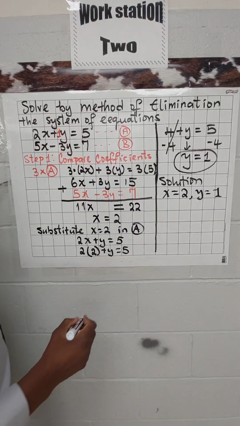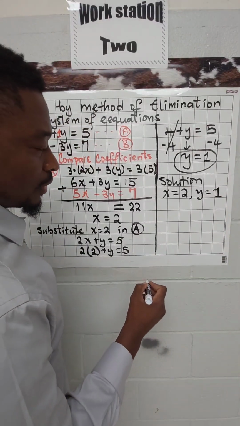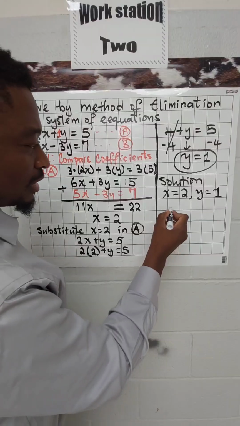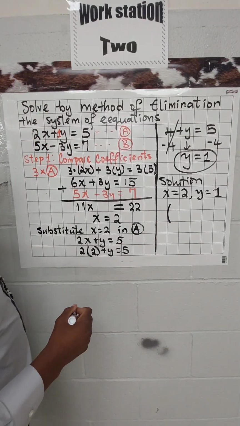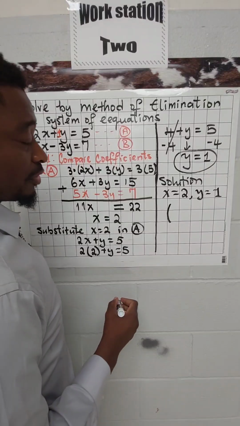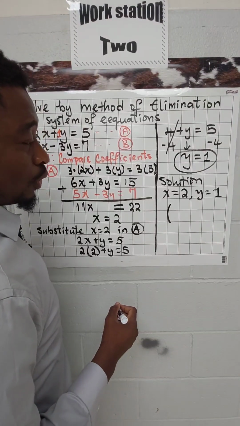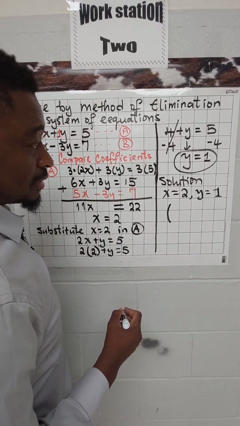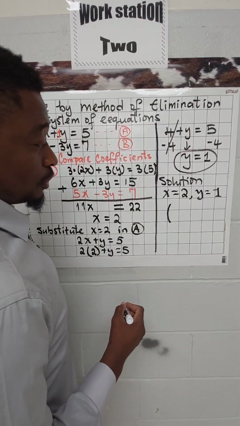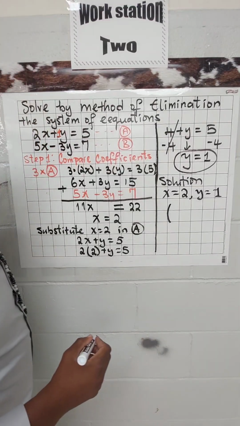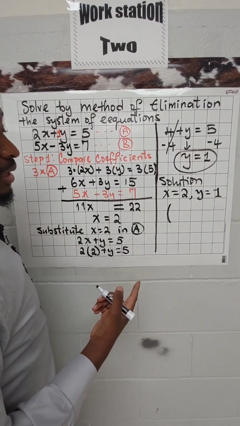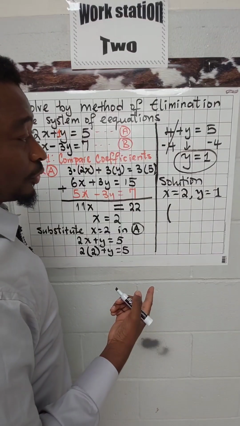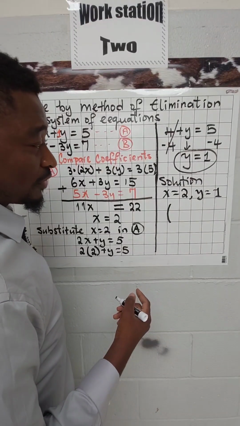Does this remind you of ordered pairs on a coordinate plane? Yes, that is what it is. You could also solve systems of equations by the method of graphing, and when you graph, the solution will be where the two graphs intersect. You can use the Desmos graphing calculator to type in the equations, and Desmos will graph it for you, and you just look for the point of intersection.